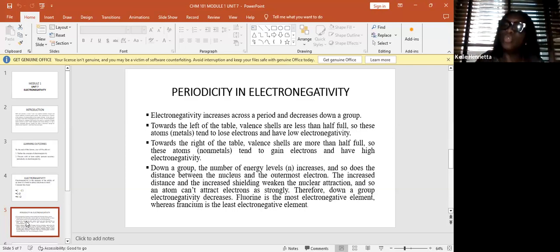Then you have the group and the period. We then looked at how you distribute these electrons, which took us to electronic configuration. After that, we went into other things like ionization energy, because now we've understood the elements of the periodic table and their distribution. Then you have to know their behavior.